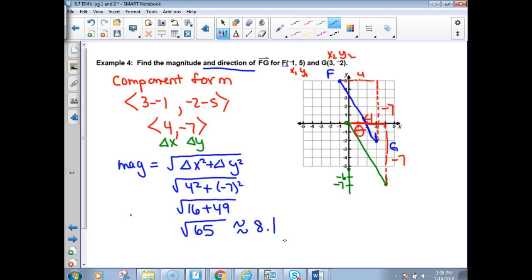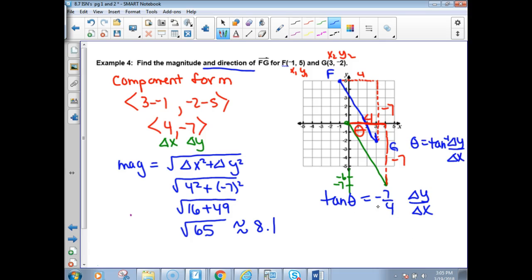Okay. And finally, I'm going to find that angle theta. The tangent of theta is equal to opposite over adjacent, negative 7/4, or the change in y over the change in x. Now, to find theta, you do inverse tangent of the change in y over the change in x.